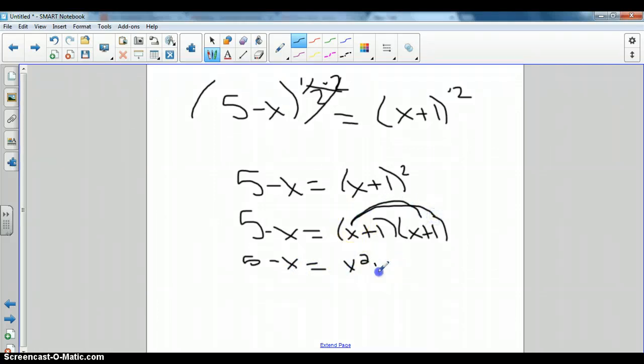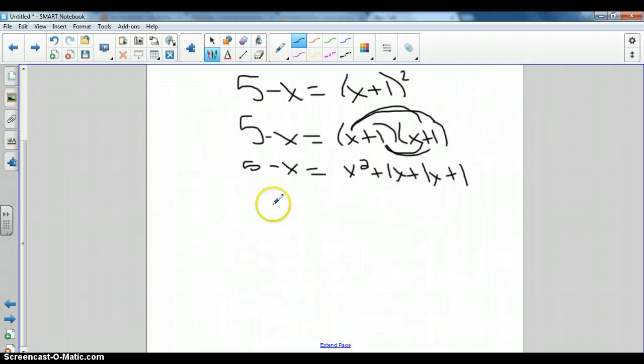X times 1 is 1x. 1x times 1 is 1x, and 1 times 1 is 1. So 5 minus x is equal to x squared. We'll combine our like terms, which gives us 2x plus 1.